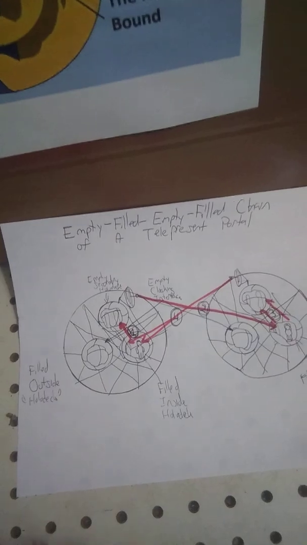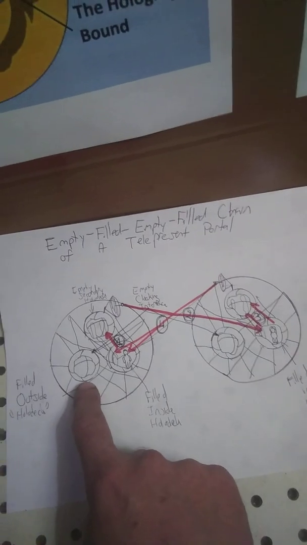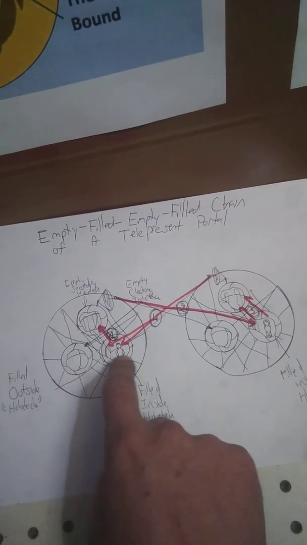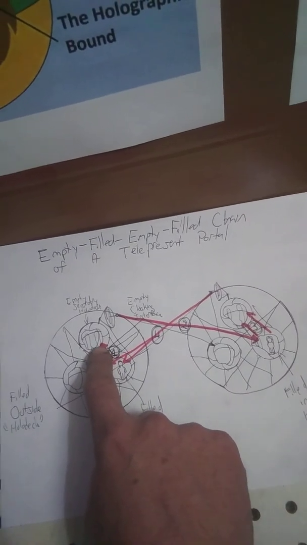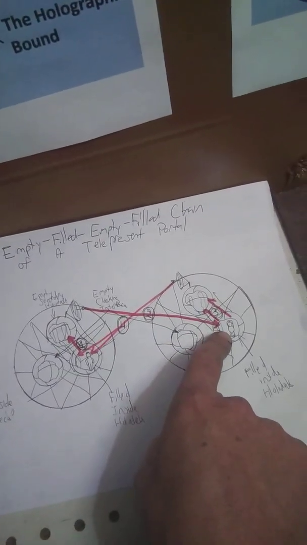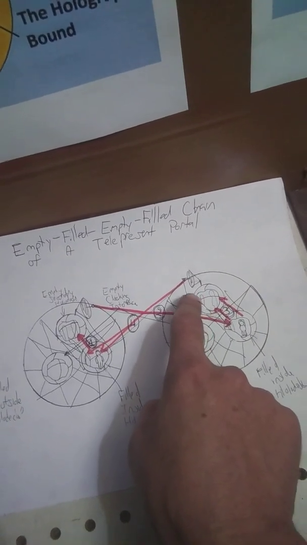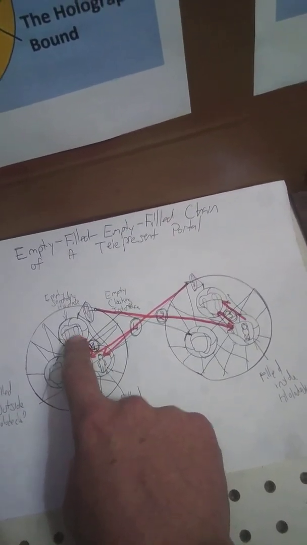It follows the chain from filled outside holodeck of light and matter to a cloaking interface of only light, to a filled holodeck of light and matter, to a secondary holodeck of only light, to a filled holodeck of light and matter, to a secondary holodeck of only light, to a filled holodeck of light and matter, and it goes like this, and it's an infinite regression is all that I can call it.